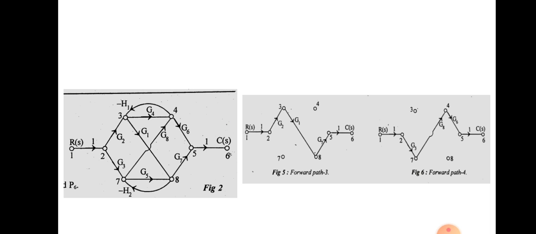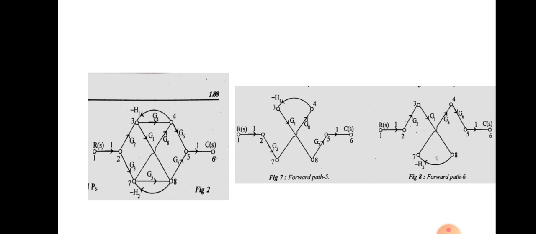See, once more, 1 2 7 4 3 4 3 8 5 6 is another forward path.